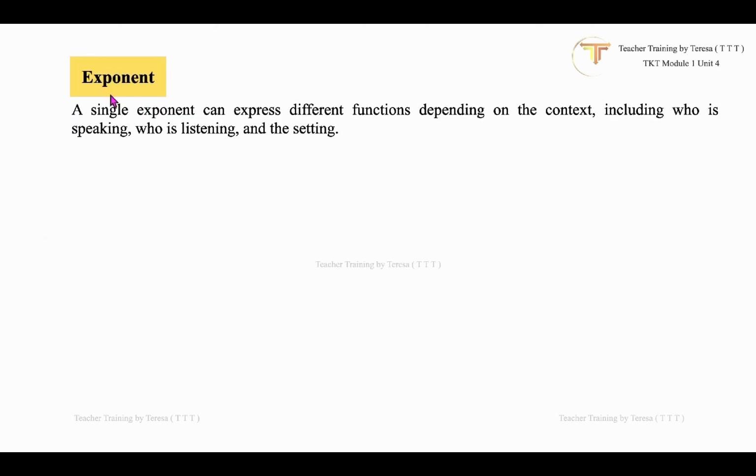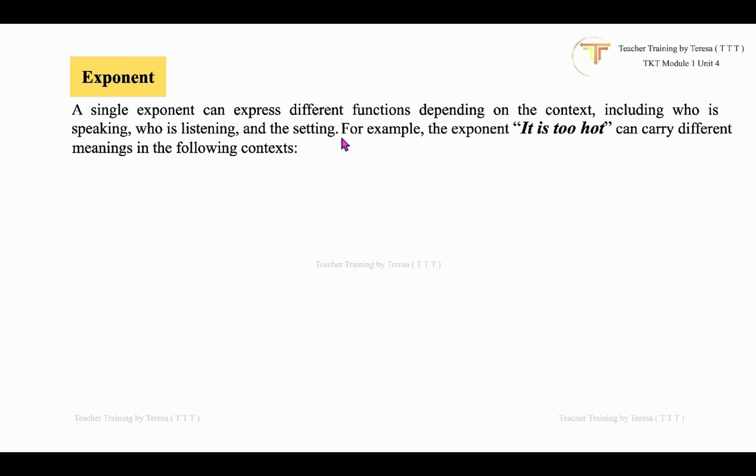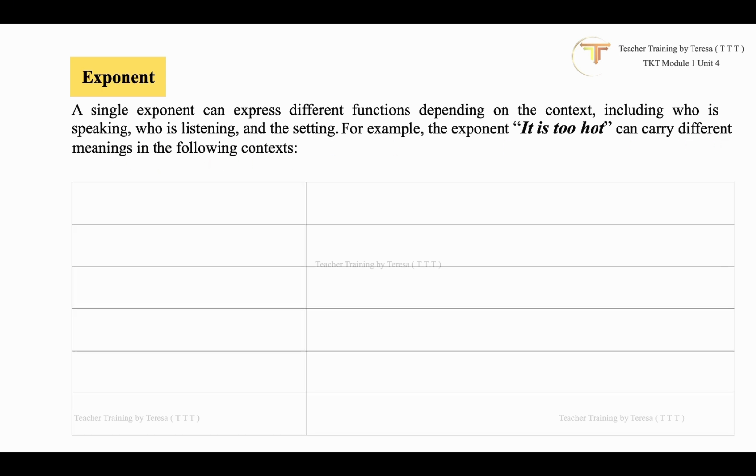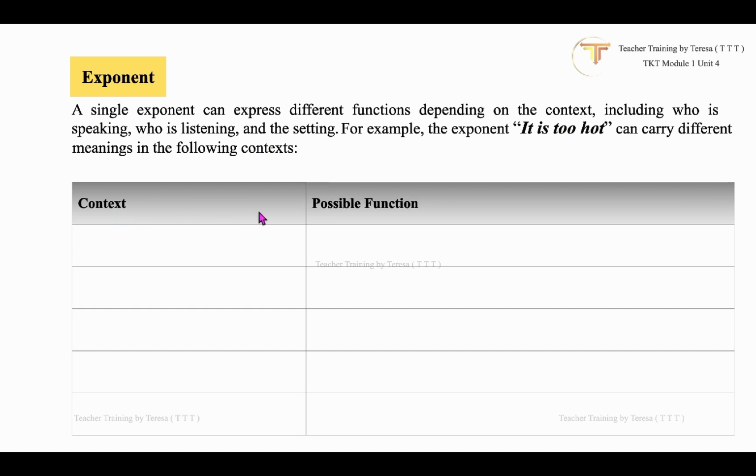A single exponent can express different functions depending on the context, including who is speaking, who is listening, and the setting. For example, the exponent "It is too hot" can carry different meanings in the following contexts. Context, possible function.